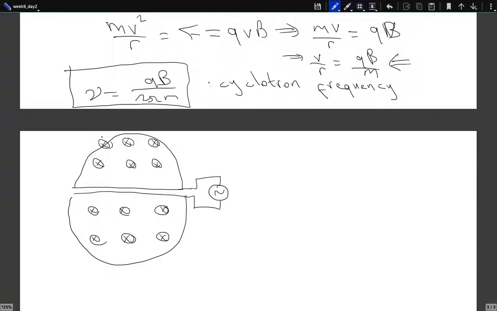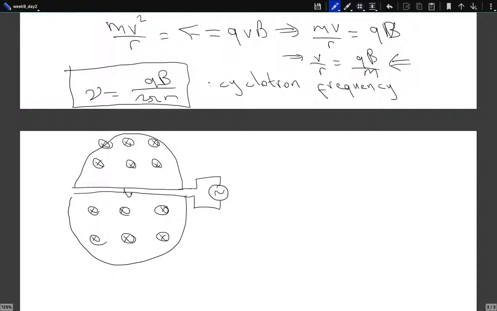So it accelerates in some direction. Let's say it accelerates downward. Then it enters the region of magnetic field, so it will rotate. Now you have to adjust the frequency such that, you put the charge over here, the electric field accelerated it downward, so it completes half a circle. When it reaches here, if you want this particle to keep on accelerating, you should change the direction of the electric field.